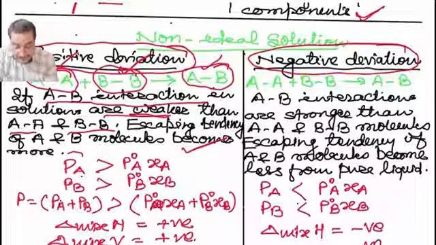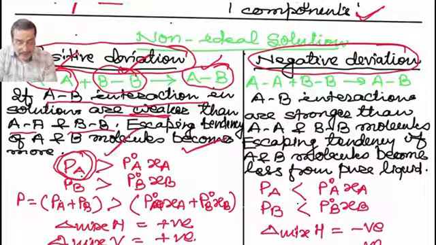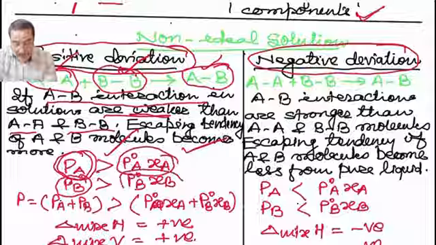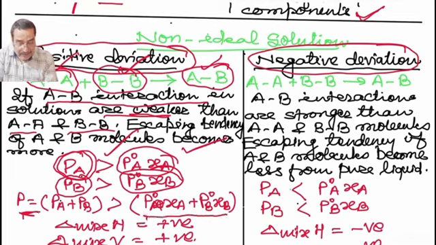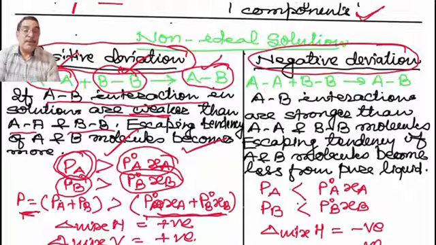PA is greater than P naught A XA, PB is greater than P naught B XB, and therefore the total pressure is greater than P naught A XA plus P naught B XB.